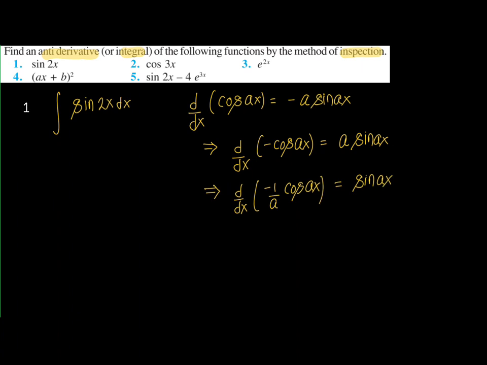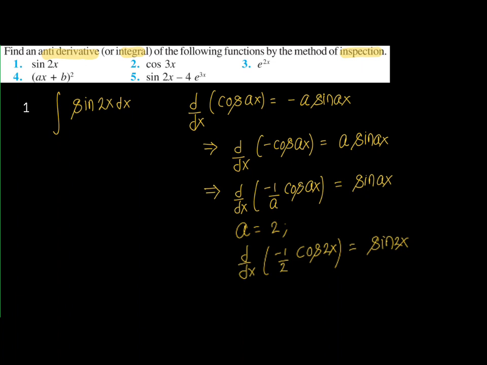Now if I put a equals 2, I get d by dx of minus 1 upon 2 times cos 2x equals sin 2x. So the differentiation of minus 1 upon 2 times cos 2x is sin 2x.